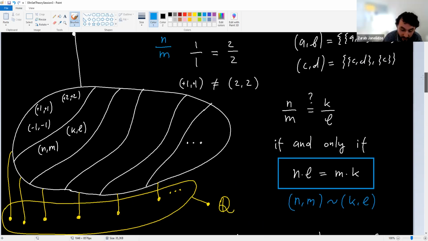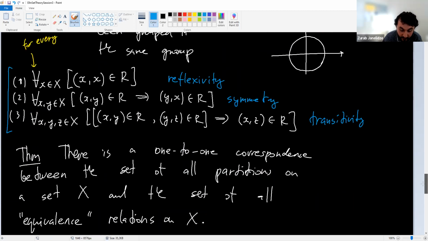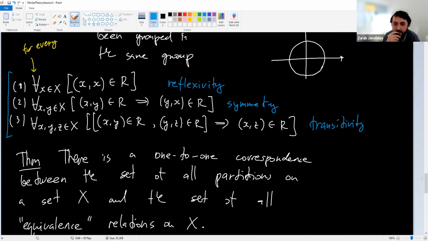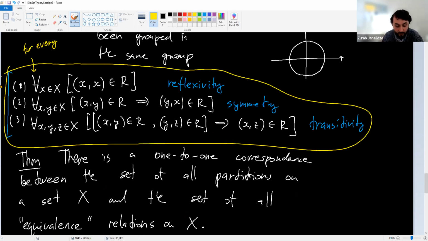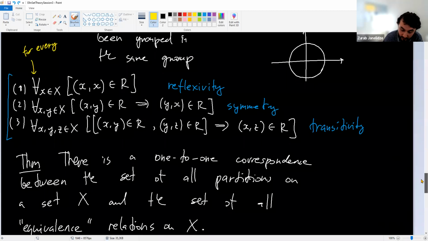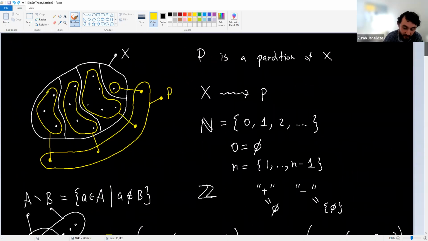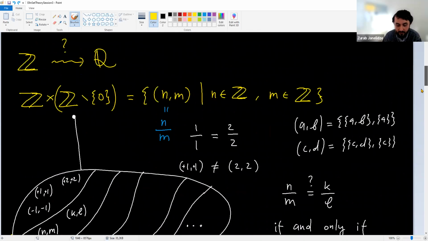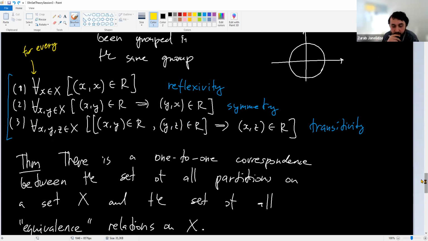So what you're suggesting is an approach where we first begin with the idea of equivalence relation, which we can think of as generalized equality, and then we create the notion of partition out of it. But the approach we took for this lecture was the other way around. We started with the idea of partition and then extracted the idea of generalized equality, or equivalence relation, from it.